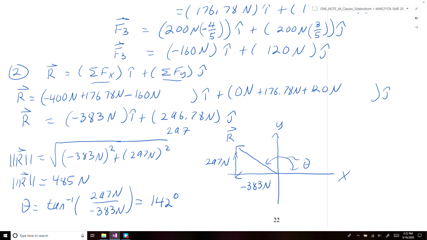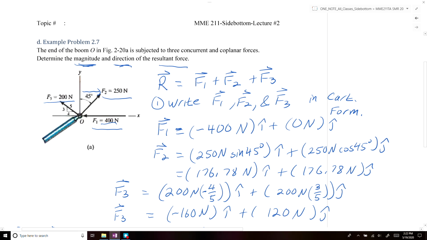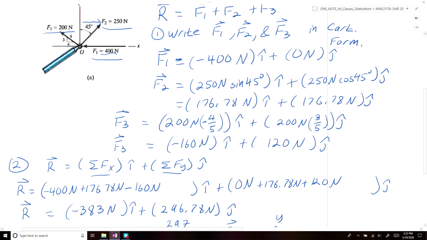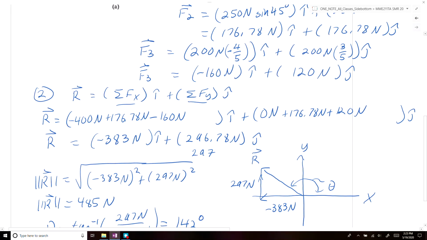So to sum up our problem, we broke force 1, force 2, and force 3 into Cartesian vectors using the geometry of our problem from the problem statement, from the diagram. And once we had our forces in the x and y components, we added them all together to determine our resultant vector in Cartesian form.